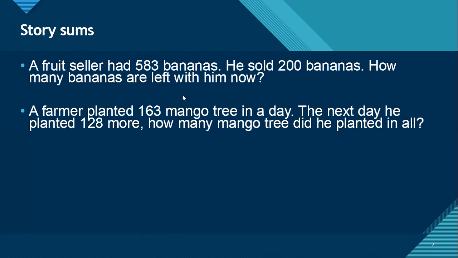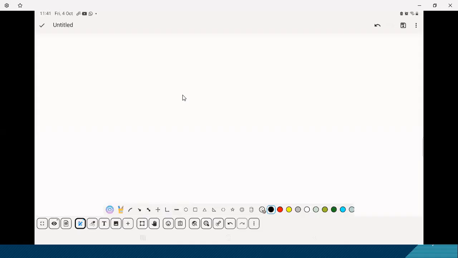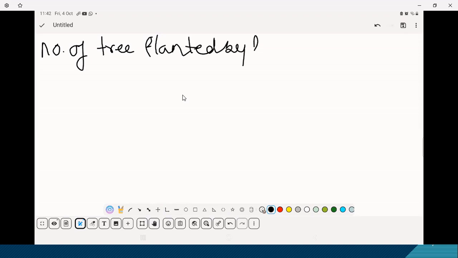Okay, let's move to the whiteboard. So number of trees he planted in a day, planted by the farmer. How many trees? I think 163. We'll cross check it.